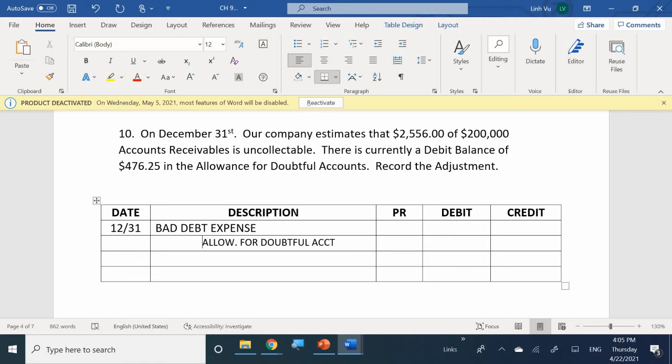Excellent. So make sure you guys know that concept. If we were using the income statement, and we see total credit sales, does accounts receivable show up on the income statement? We haven't practiced it much, but no. Accounts receivable does not exist on an income statement. So does it matter if there's an allowance for doubtful accounts or not?